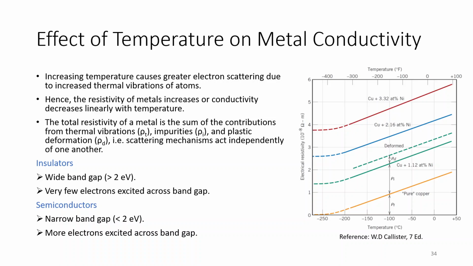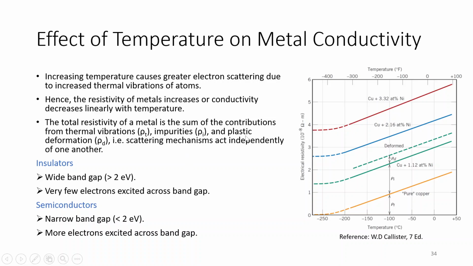So this is rho T, because of thermal vibration. Then impurities, rho I. For example, if you add 1.13 atom percent nickel in copper, this amount of increase comes because of impurity, which is almost twice because of the scattering.